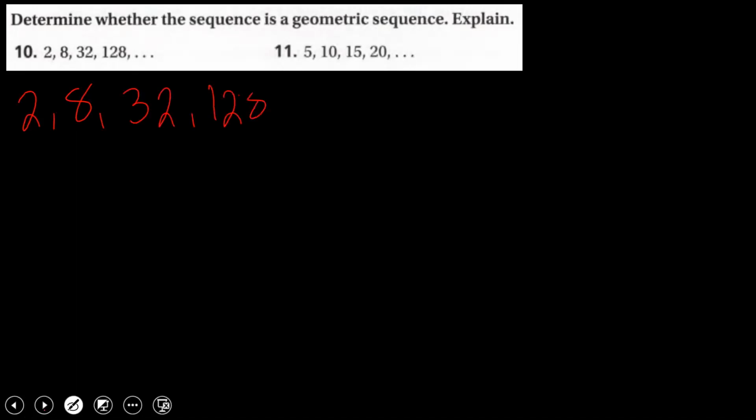If the ratio is common, it will be geometric. Let's see: 2, 8, 32, 128. Let's divide each term by its previous one. 8 divided by 2 is 4. 32 divided by 8 is 4 also. 128 divided by 32, you will find it's 4 also.